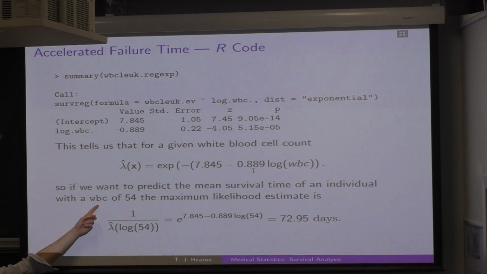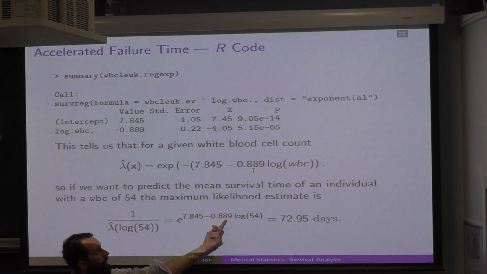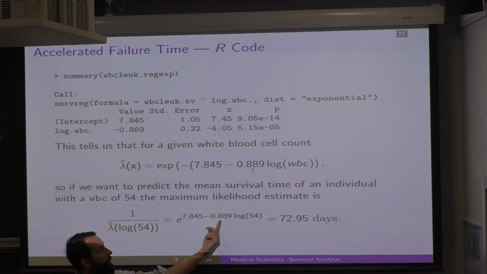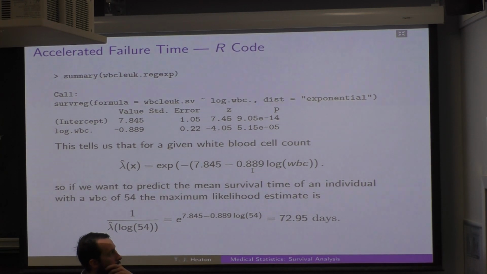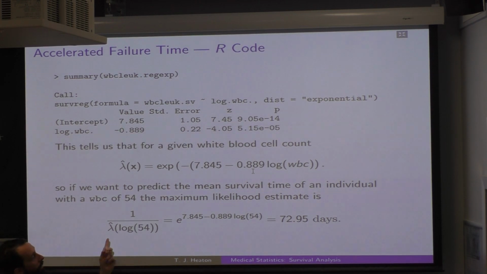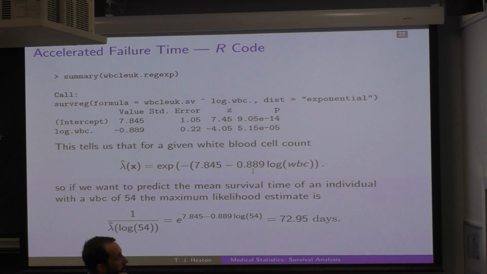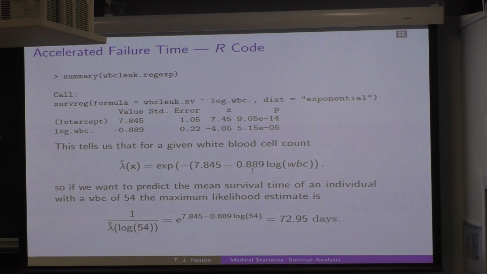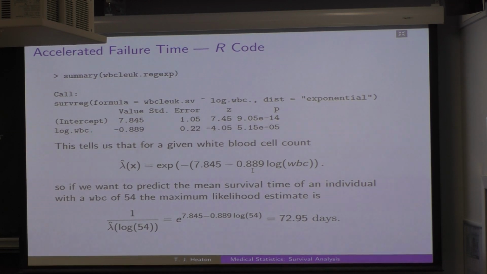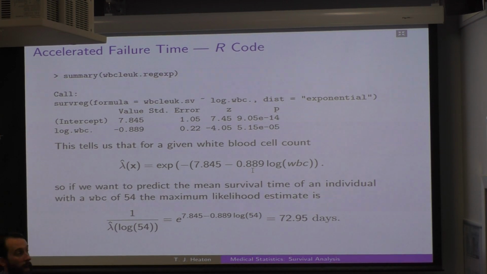If I had somebody with a white blood cell count of 54, I'd plug that in, so e to the beta naught plus beta 1 x1, and then take 1 over that rate. So I would think that somebody who came in with a log white blood cell count of 54 might last about 73 days. If somebody came in with a much higher white blood cell count, they would last less long.